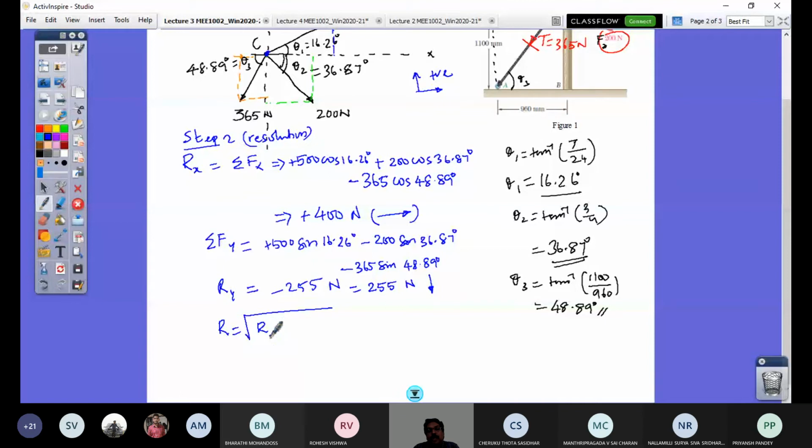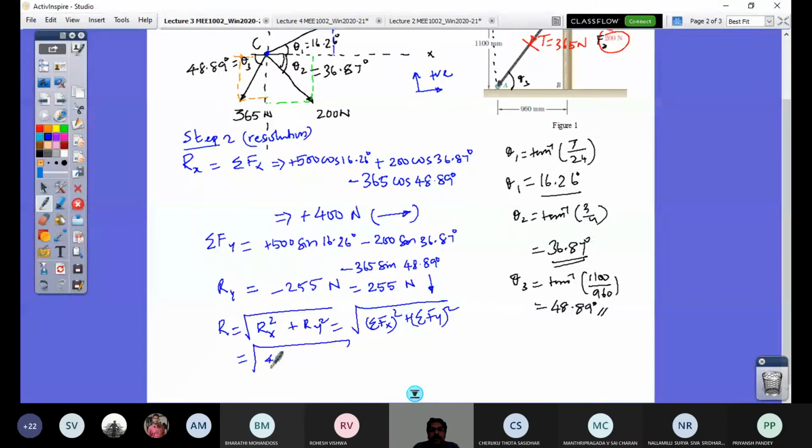So I would simply get it by Pythagoras theorem. R squared is Rx squared plus Ry squared, or this is the same as sigma Fx squared plus sigma Fy squared. So substitute the values of magnitudes.